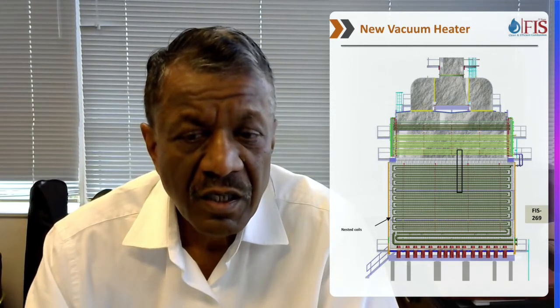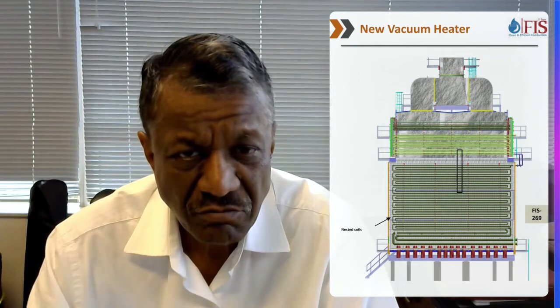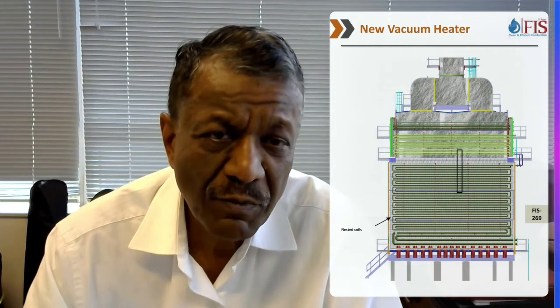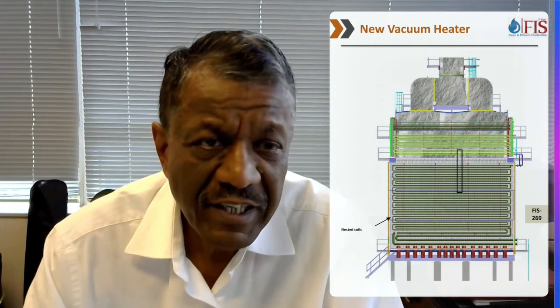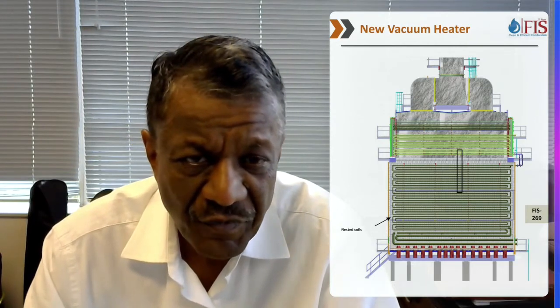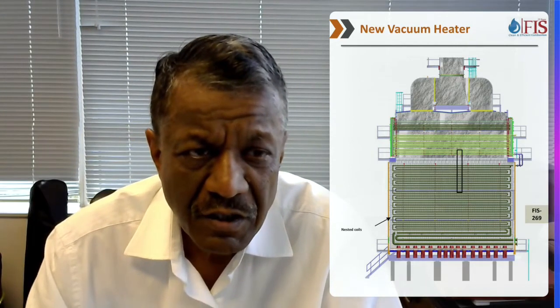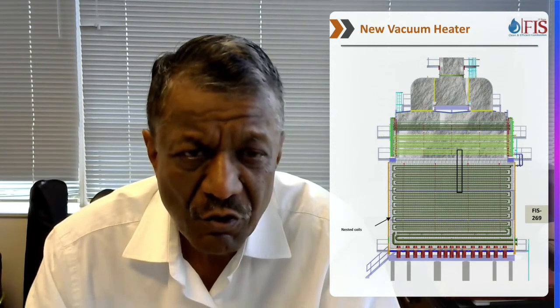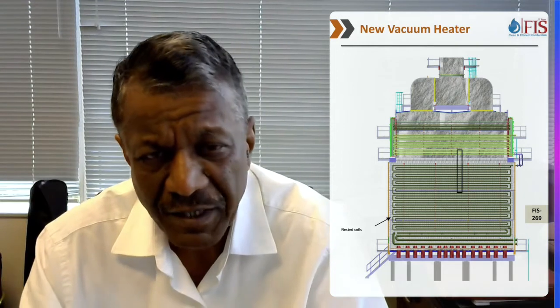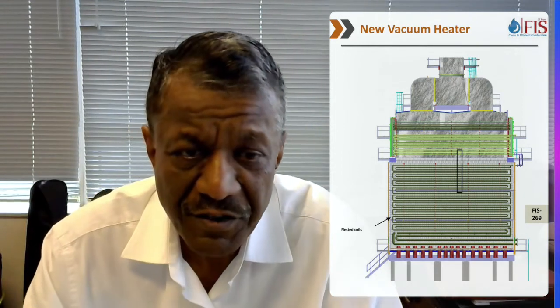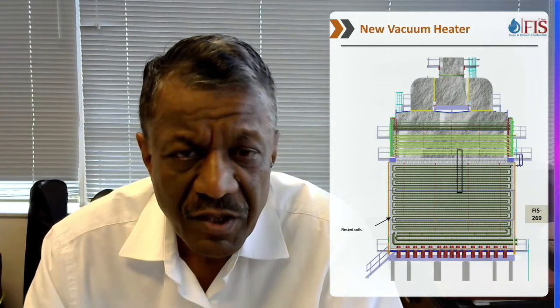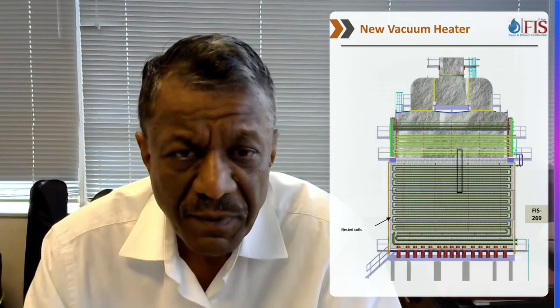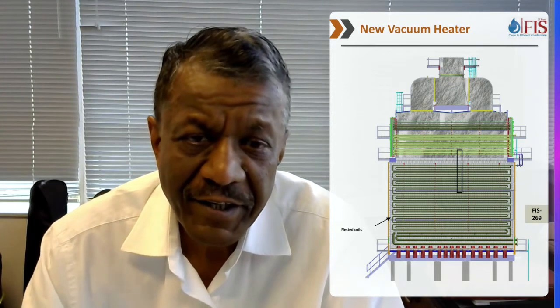So we decided to put the hot tubes at the bottom so that they don't get too much heat. Also, we nested the passes. We have 2 passes running concurrently on each wall. It's a 4-pass heater, so 2 passes run side by side on one wall and the other 2 passes run on the other side. As a result, all the 4 passes are uniformly heated.